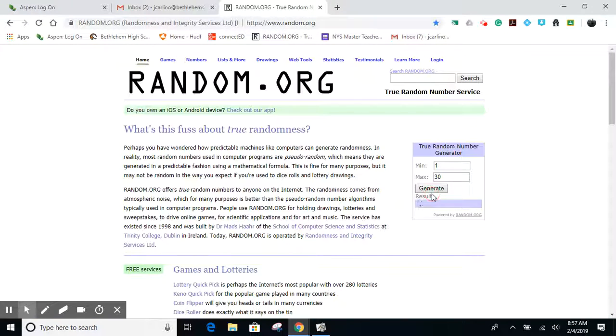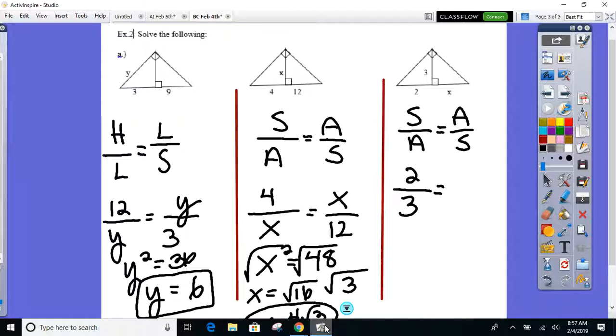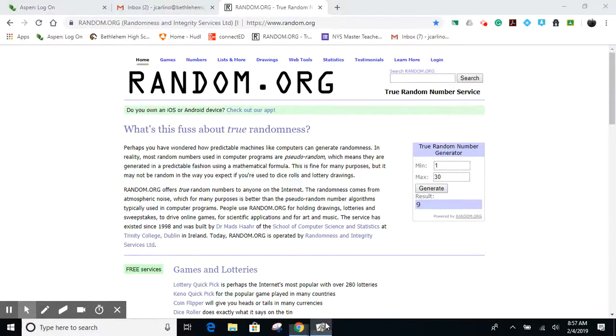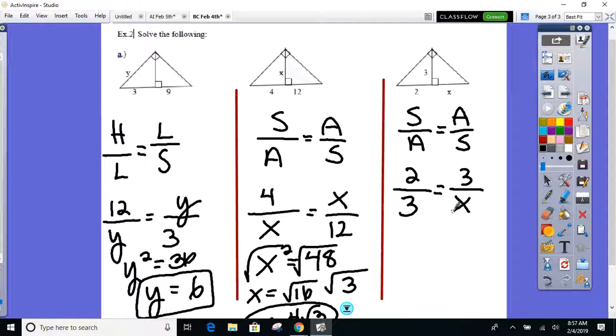Altitude. 20, altitude. 3. Segment. 9. X. Got to be different. 2x equals 9. So X will be 4.5.